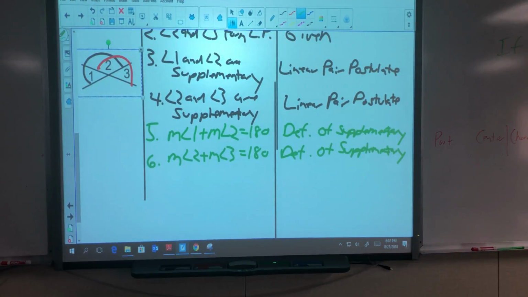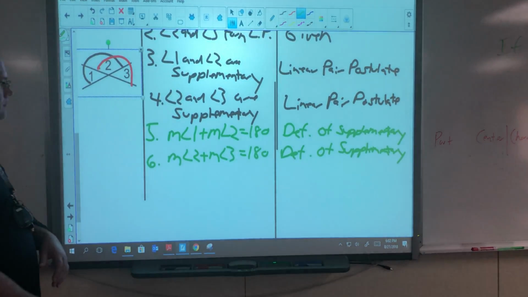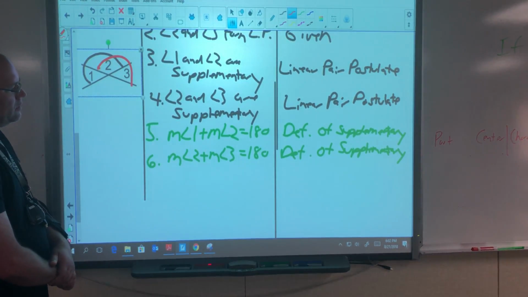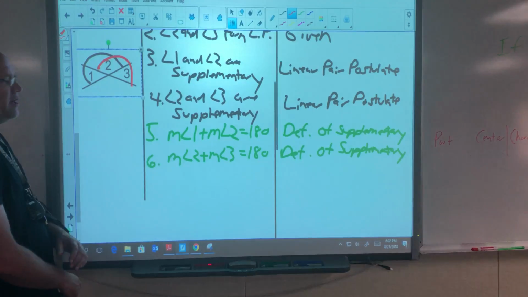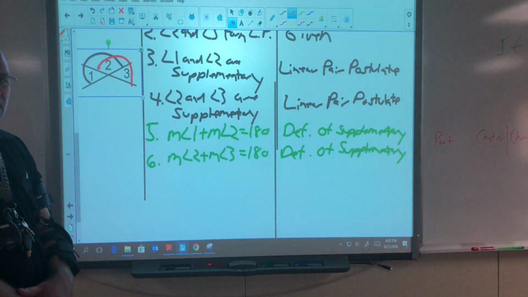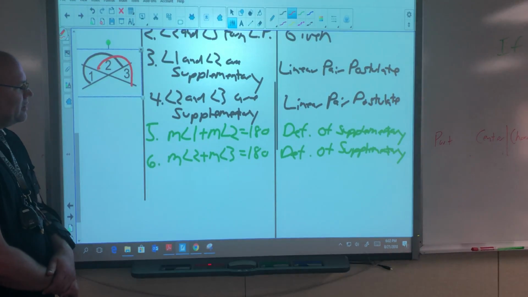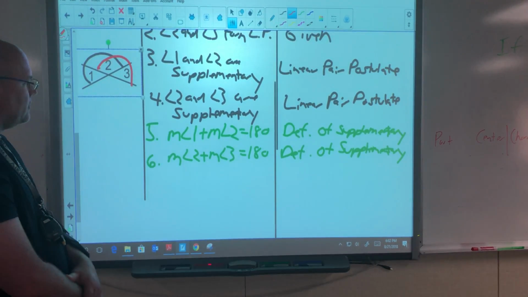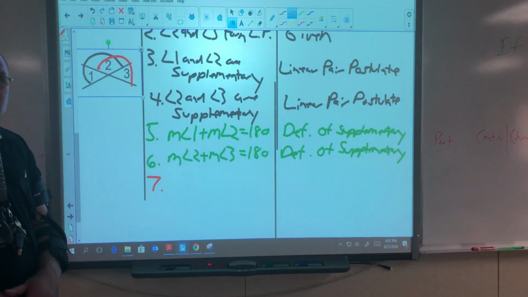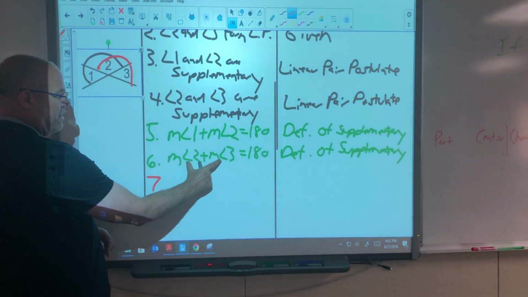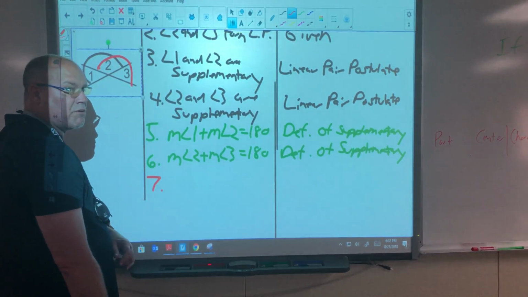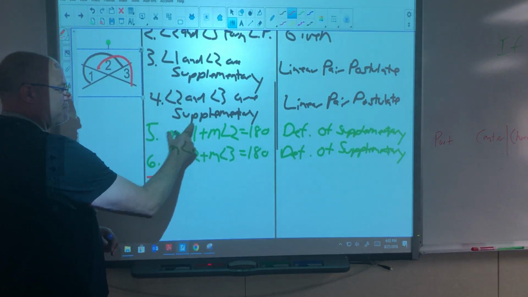Look at statements 5 and 6 now. This should start to ring a bell. What can we do if I have these two angles equal to 180 degrees, and I have these two angles equal to 180 degrees? What did we do in IM1 when we had that situation? That's right. We're going to use the substitution property. We can take the measure of angle 2 plus the measure of angle 3, and replace 180 with that, because these both equal 180.